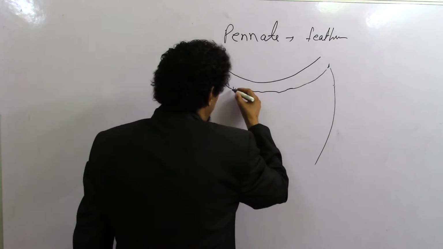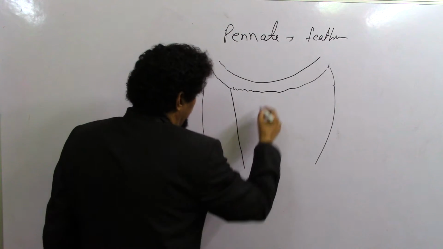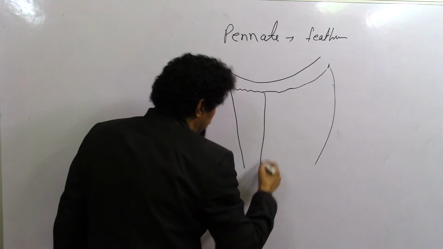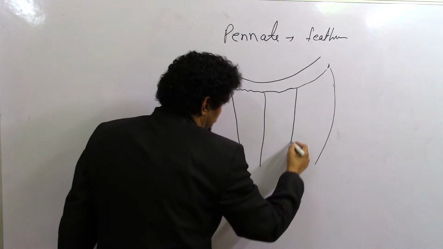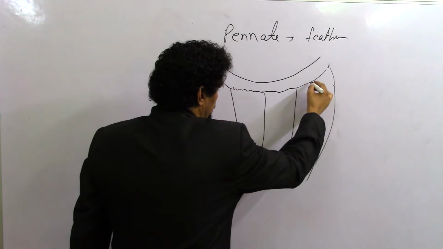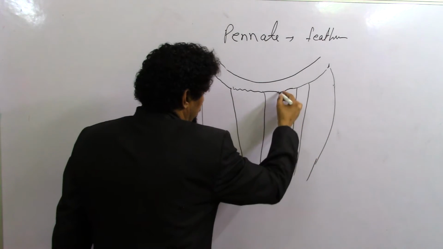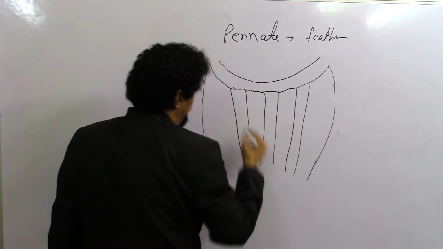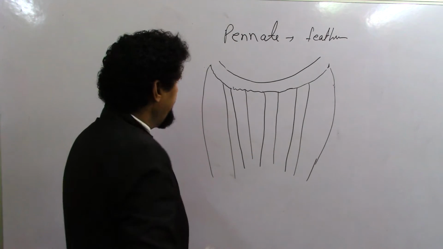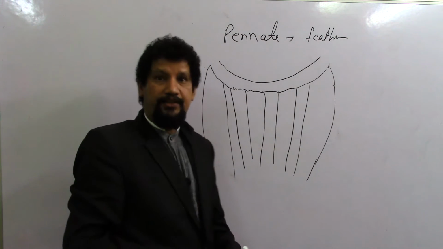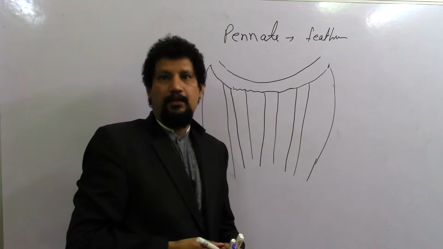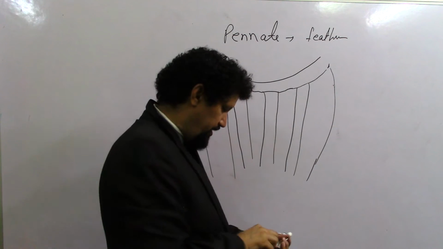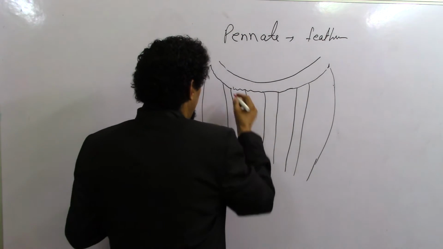This is divided by fibrous septa, the acromial part of the deltoid is multipinnate or arrangement like this.